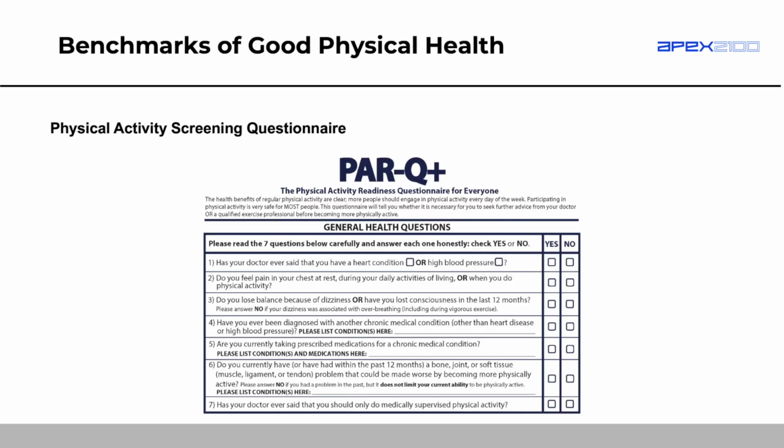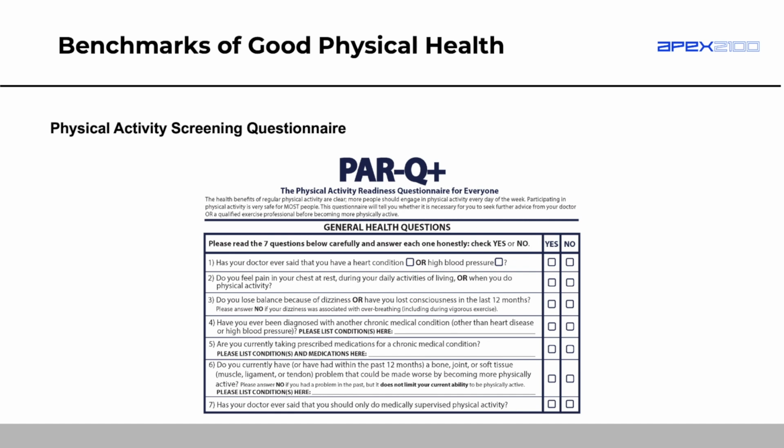We also have questionnaires for physical activity screening. So this is important for people who are going to start a physical activity regime or program. You're going to want to do this in things like your IA when you have someone start an exercise program with you. If you're going to ask your athletes or your participants to do some form of exercise in your IA, you're going to want to use the PARQ.